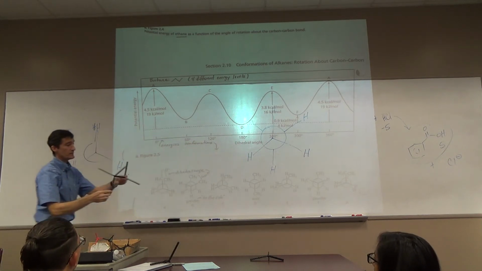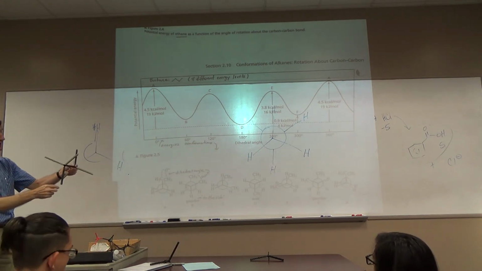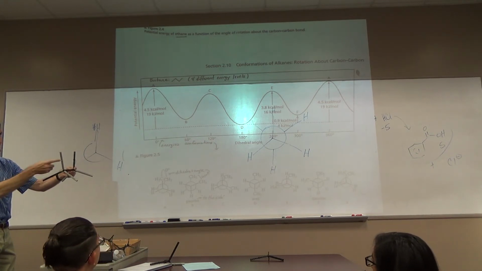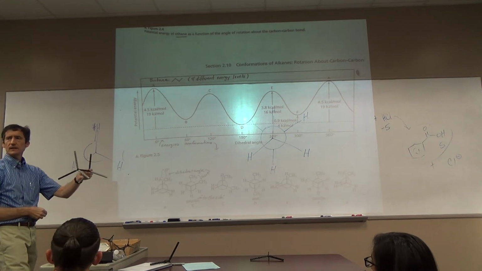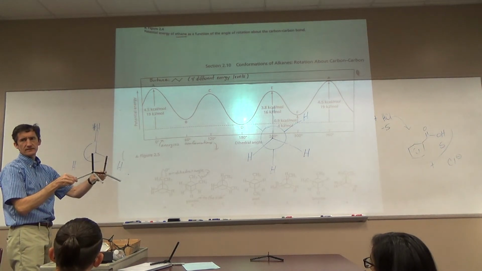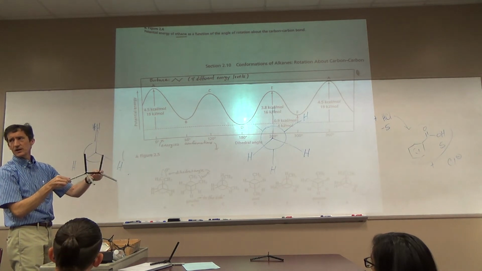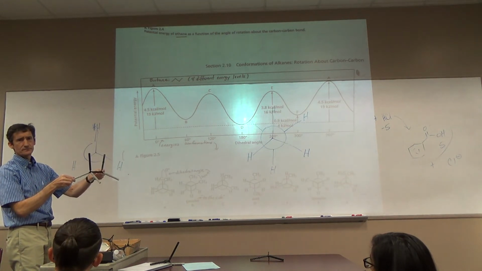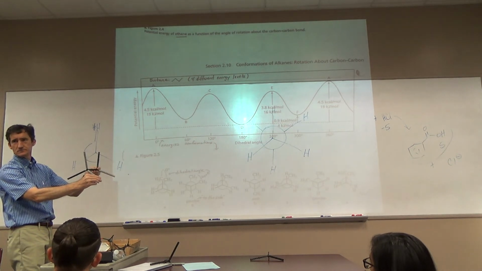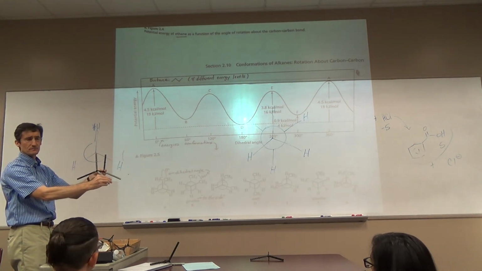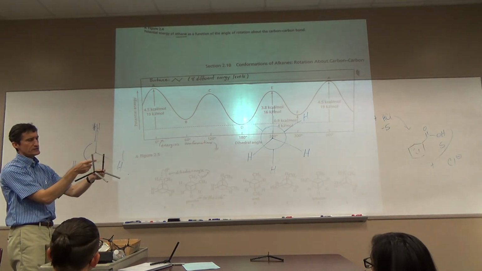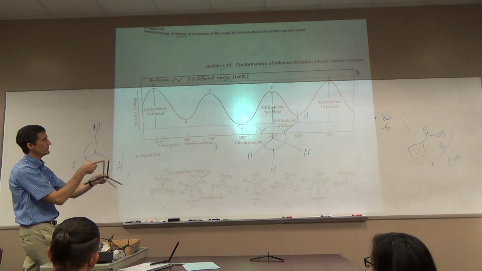Now if we keep rotating from there, we're actually going to start repeating, because if we come this way, we're back to eclipsed. Can we distinguish between our two eclipsed? Maybe we could call that, I don't know if this is a scientific term or not, fully eclipsed versus partially eclipsed. Makes sense, yeah? So we're back to partially eclipsed, H and methyl.